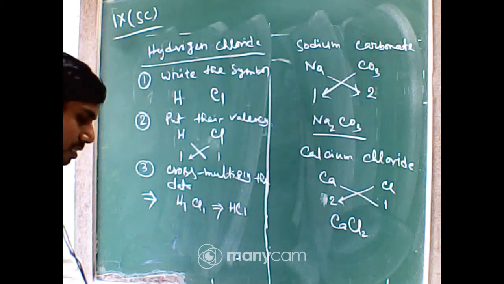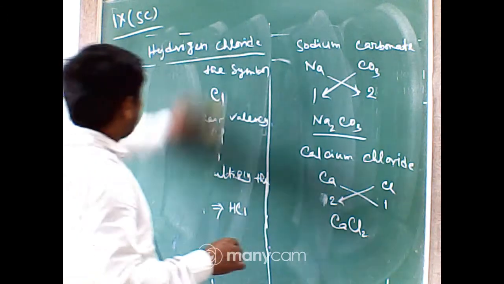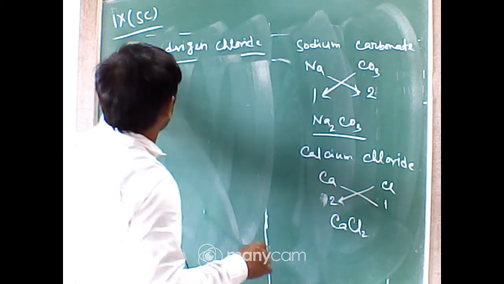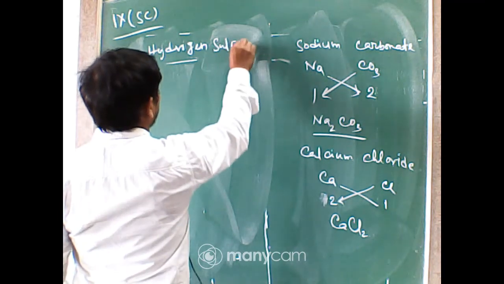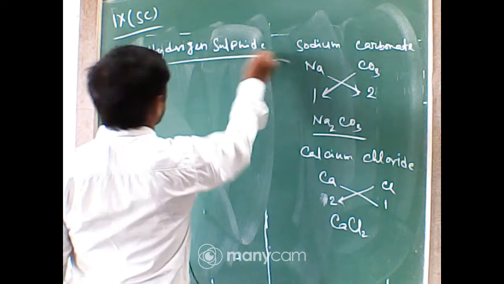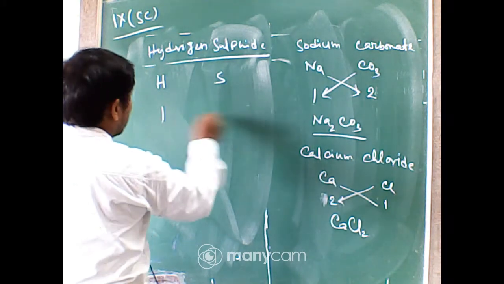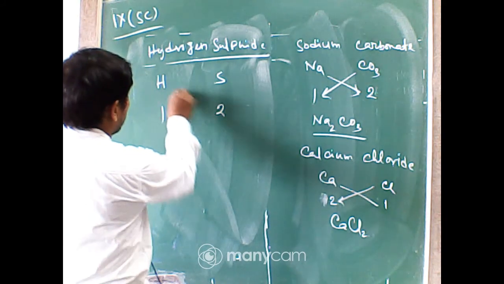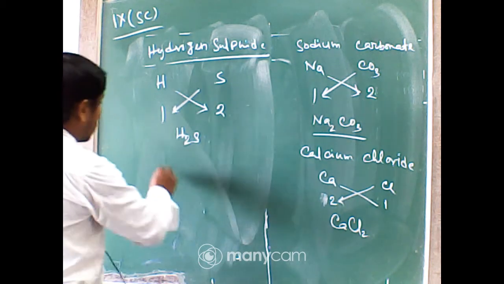Now you can see that in your book also. Hydrogen sulfide: S valency 2, H valency 1. So H2S.